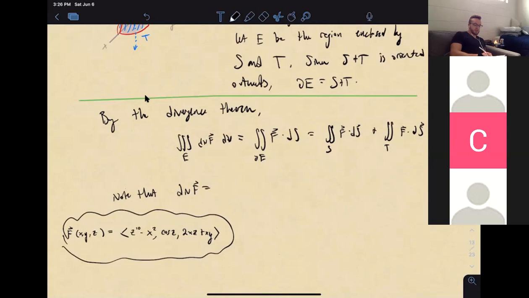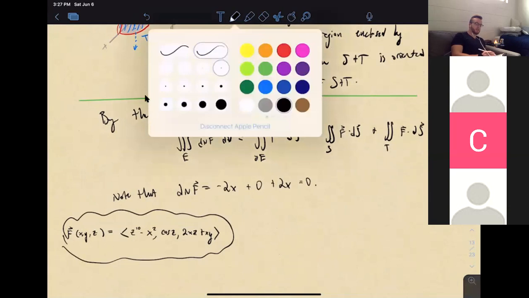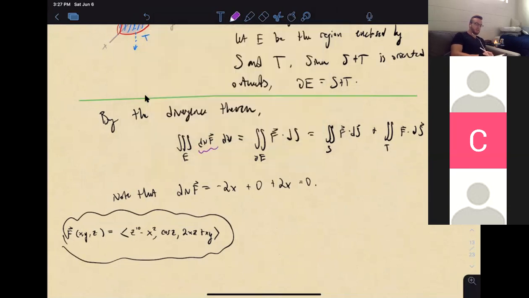The divergence is going to be negative 2x plus 0 plus 2x. Ooh, and that's 0. Oh, wow, so this is really nice, right? The divergence is 0, which means this whole triple integral on the left is 0. So the divergence theorem tells us that this plus this is 0.